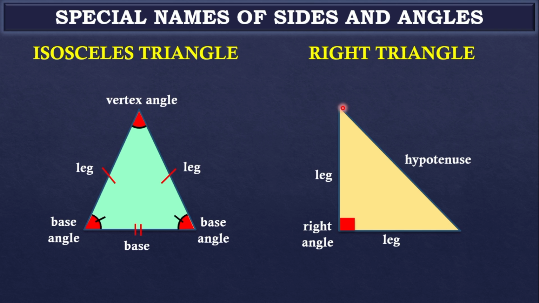So, mas mahaba po ito sa dalawang legs natin. Alright? Now, the angles that contain the leg and the hypotenuse are what we call the acute angles. So, ito naman po yung tinatawag nating acute angles.